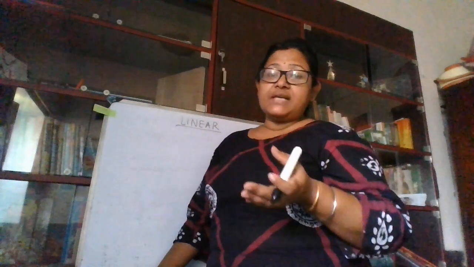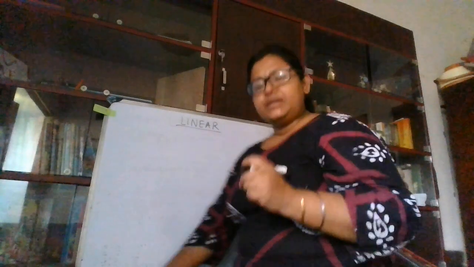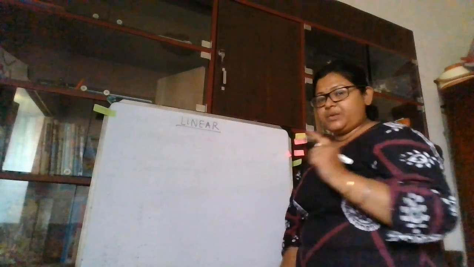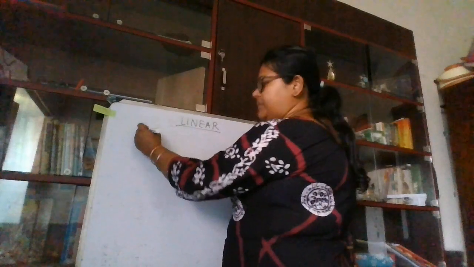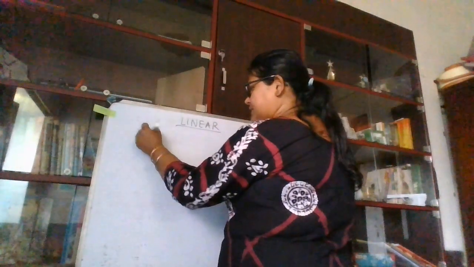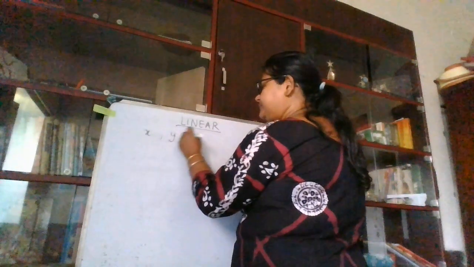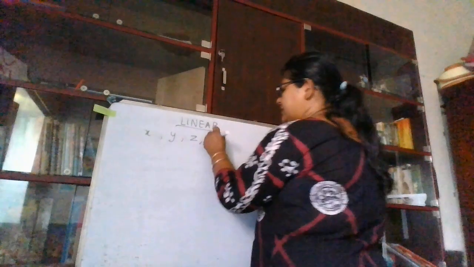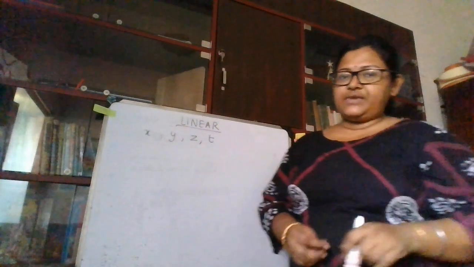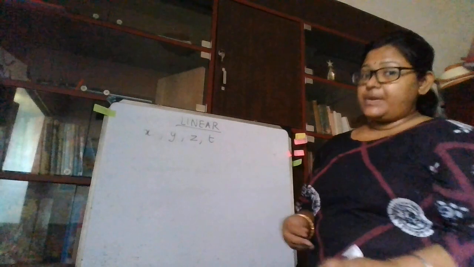What is a number when added with 5 gives us 10? That means a single number, and that is called a linear equation. The variables can be represented with the help of x, y, z, t and so on. There are different ways in which a variable can be represented.